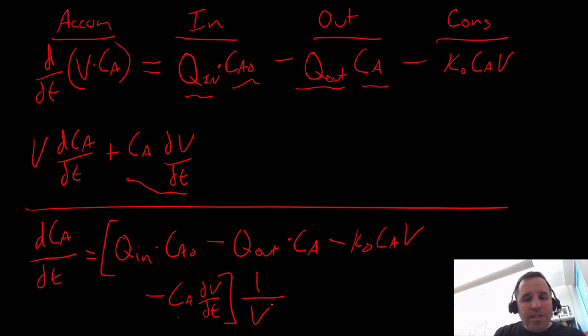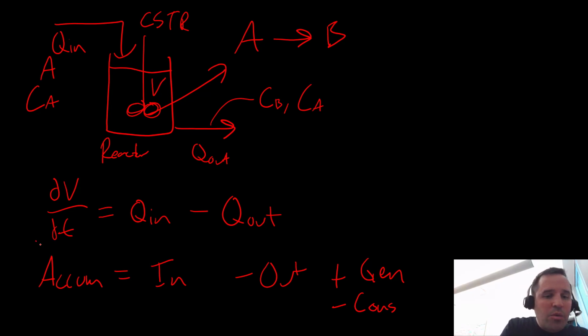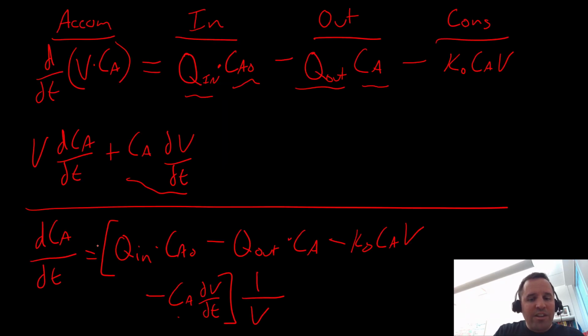The way we're going to do this in code later on is to realize that our code already solves for dV dt with our prior differential equation. So we'll have dV dt available in the code, and then we can incorporate dV dt when we're solving for dCA dt, which is the rate of change of concentration of species A with respect to time.